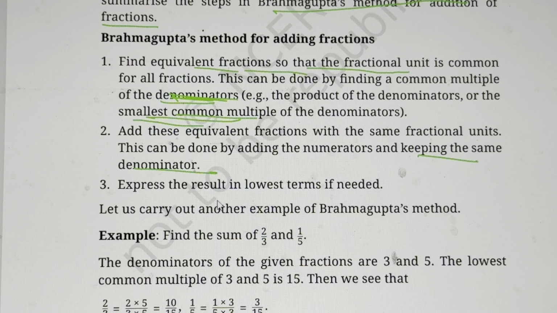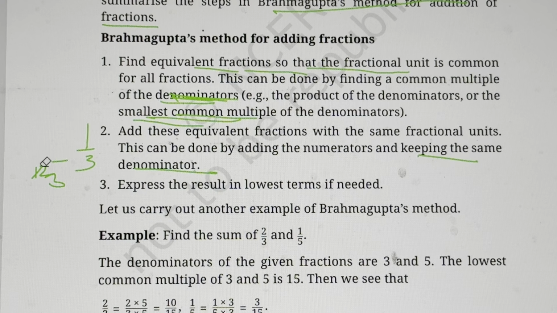Okay. Then if the result, whatever you get, here we got 7 upon 12, it was already in the reduced form, lowest term, right? If it is not in the lowest term, suppose you get the answer as 4 upon 12, then you need to convert it into reduced form. So the final answer will be 1 upon 3. Suppose the answer is an improper fraction where the numerator is greater, right?